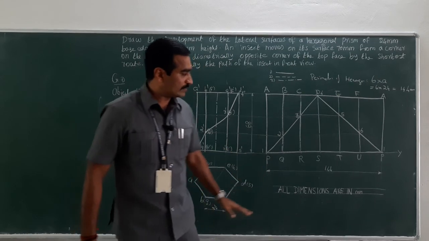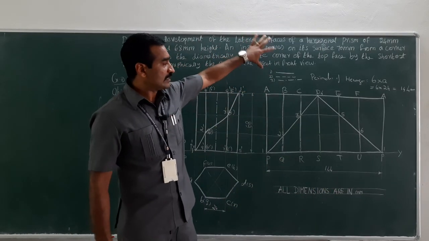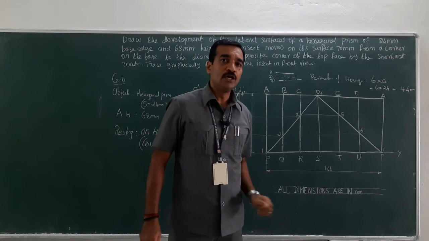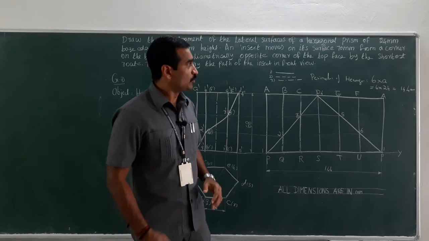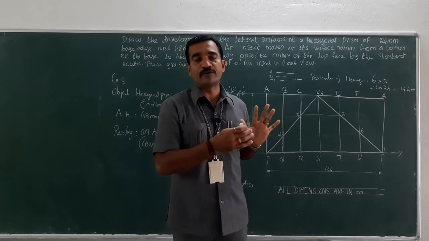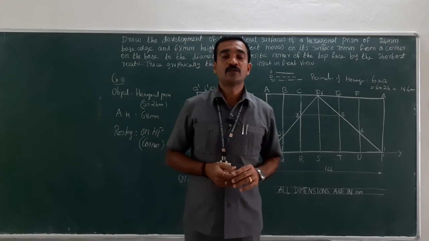Scale, if you want, you can just mention as true scale, that is scale 1:1, because whatever dimension is given, the same thing I used here. Therefore, it is a true scale. So I hope you have all understood how to draw the development of lateral surfaces when the question is a string problem. Okay. Thank you.